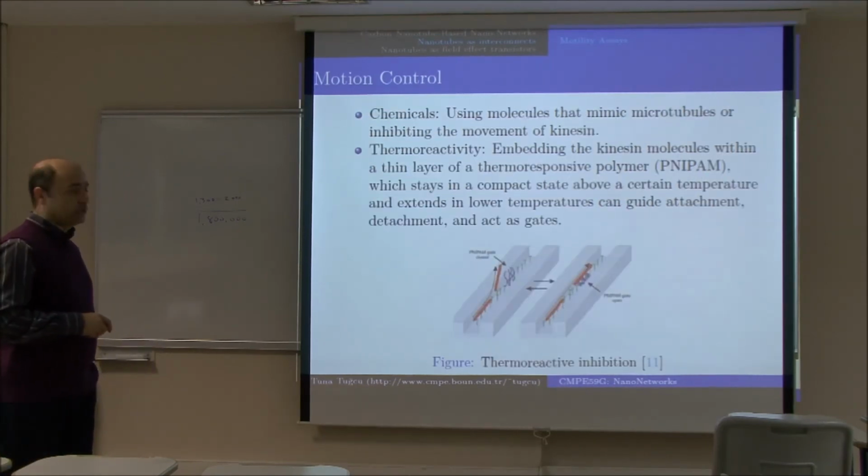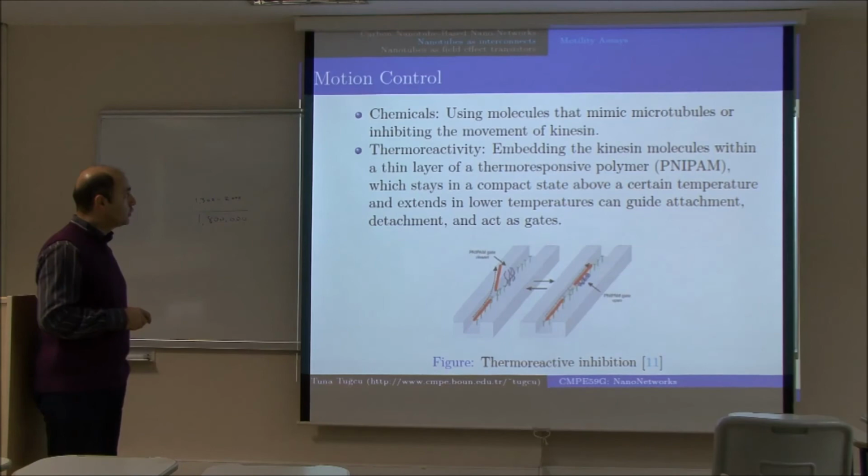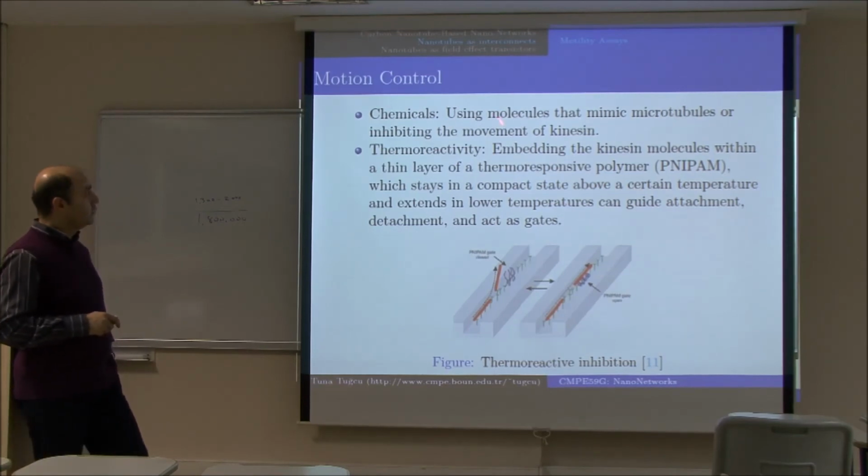By making use of chemicals also, you can control the motion, like using molecules that mimic microtubules or inhibiting the movement of the kinesins. Thermoreactivity is yet another method.